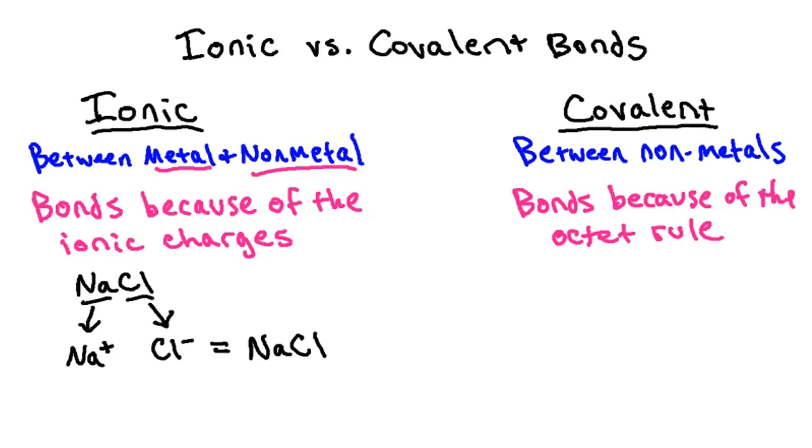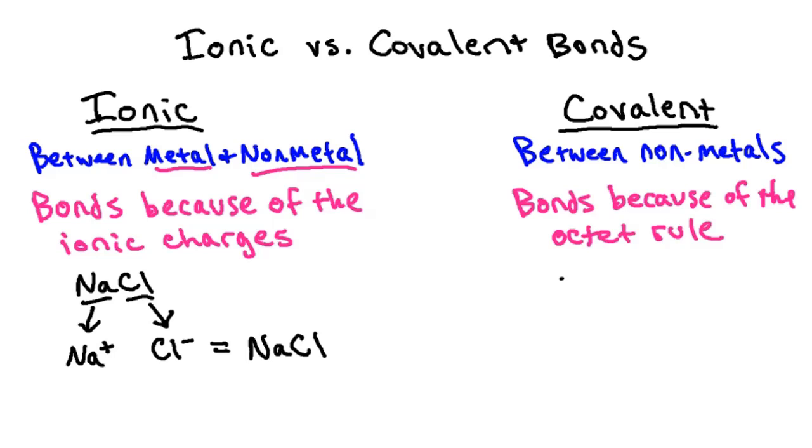The elements, not the ions, but the regular elements, not in their ionic state, they want to have 8 electrons in their outer valence shell. So they're going to bond to another element whose electrons can fill those slots. They can share the electrons and both have 8 in their outer shell.